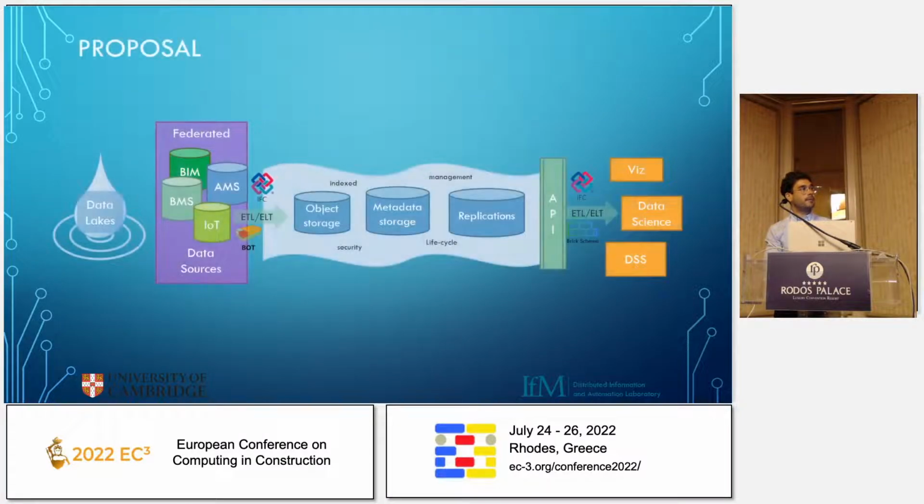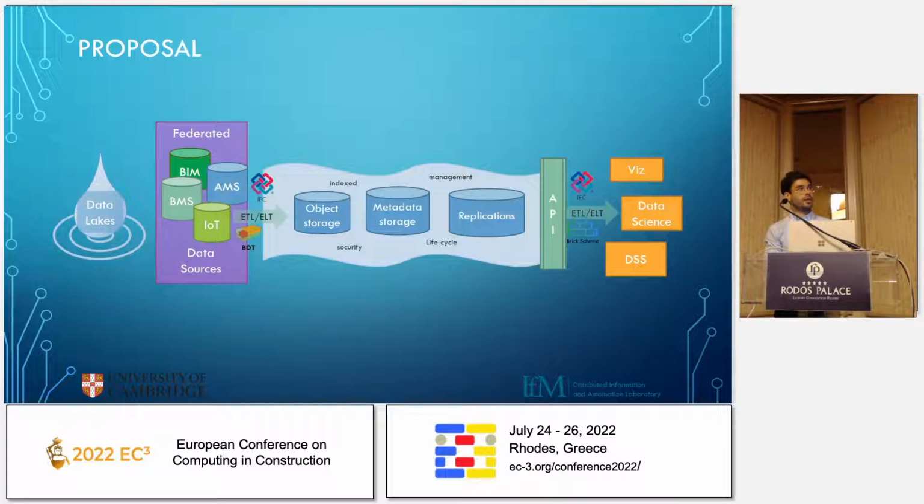Now, we can keep this independence of the data sources and just integrate all that data into operation and maintenance applications. And we feel like data lakes are a natural fit for this kind of model, because they actually keep that independence of the original data sources.